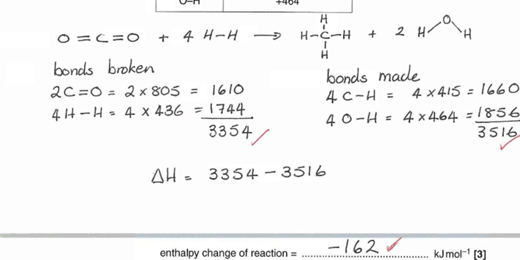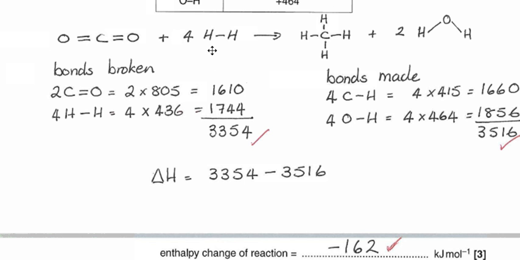The key for that question where people go wrong is they don't draw out the displayed formula of their actual equation, and so you get the adding up a little bit wrong. You forget to times something by 2 or something like that, and you lose marks there. So it's critical that you draw out this equation.